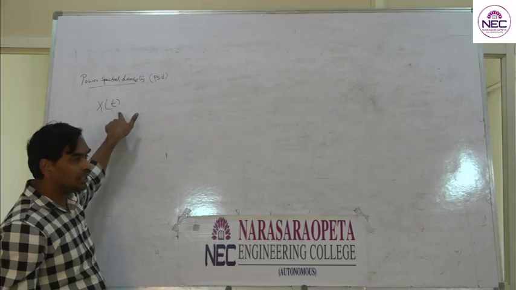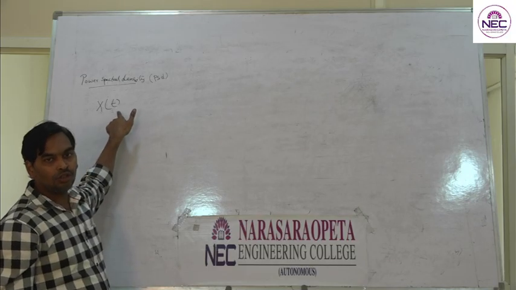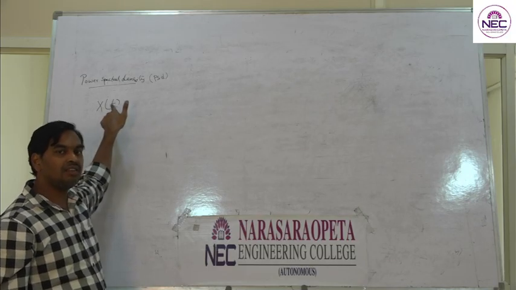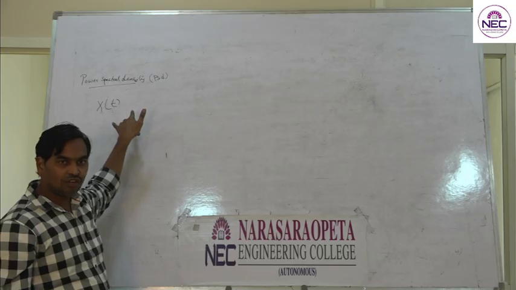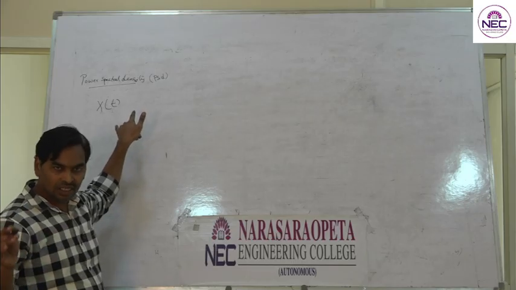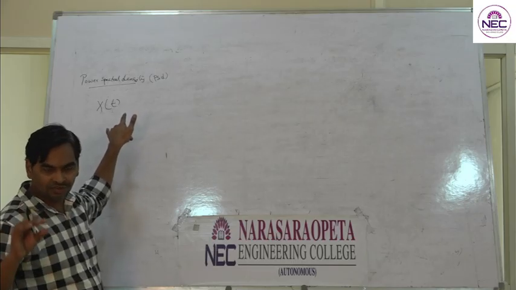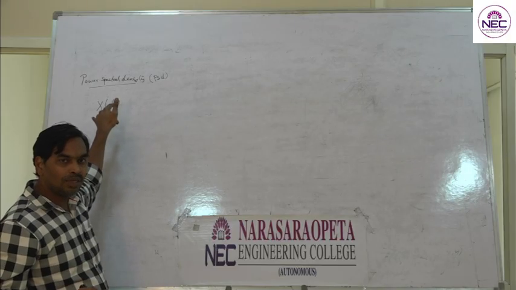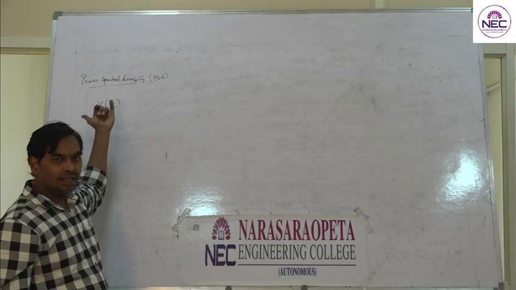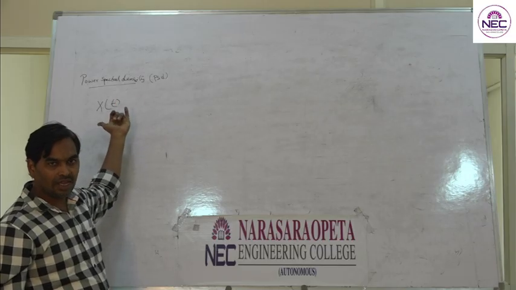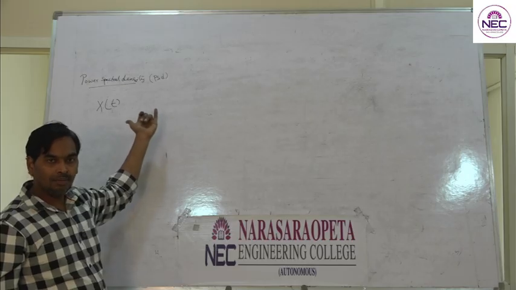So here as t varies, the amplitude x is also varying. As t is continuously increasing or decreasing, however it is varying, the amplitude of x of t will be varying. That is the random process.